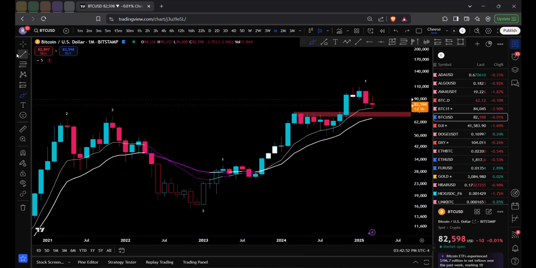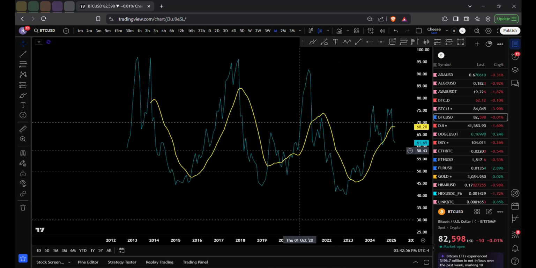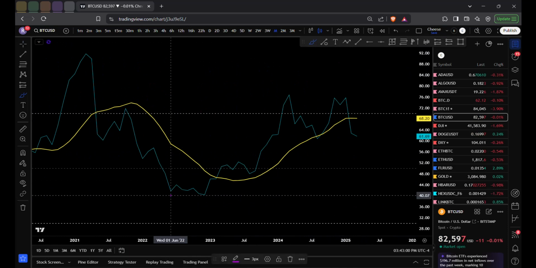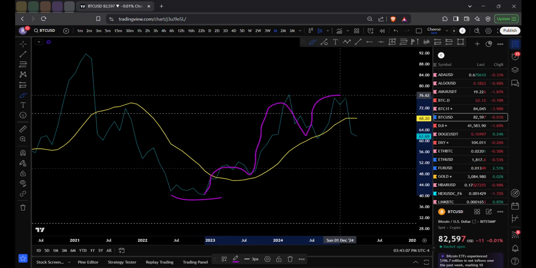The most important thing that I am watching on this trend right now is the monthly RSI, okay? The monthly RSI has been making higher lows since December 1st, 2022, right? 1, 2, now we're here.